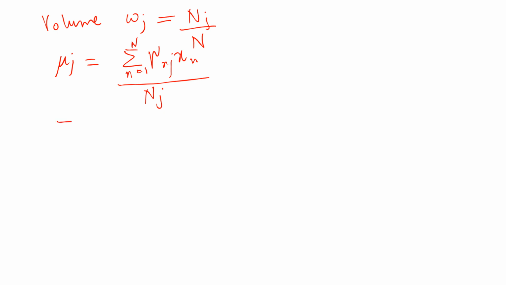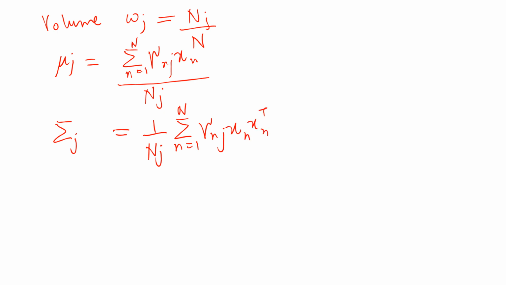The third thing is the shape parameter. And how can we calculate that? Well, by definition, this is the average of the outer product minus the outer product of the mean. And this is inherited from the definition of my Gaussian. And so I can calculate that by using 1 over n j. As I said, this is going to be the sum over n from 1 up to N of gamma n j, x n, x n transpose.